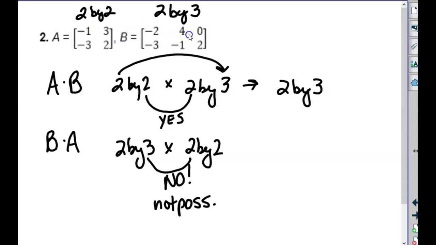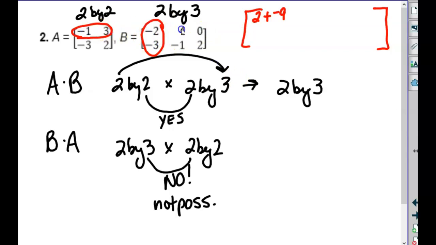For fun, we're going to try this one by hand in the order that it's written. Does anybody remember how this goes? We would get a 2 by 3. You would take this row by this column. Remember that? -1 times -2 would be 2, plus 3 times -3 would be -9.